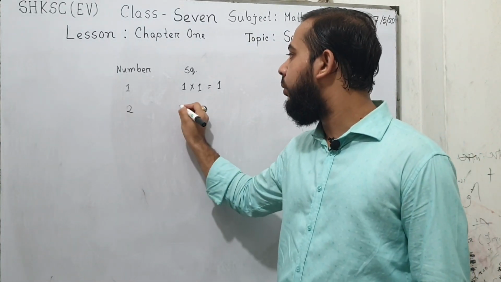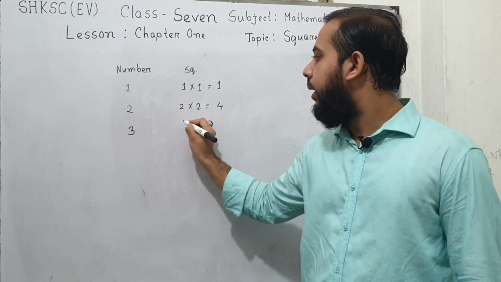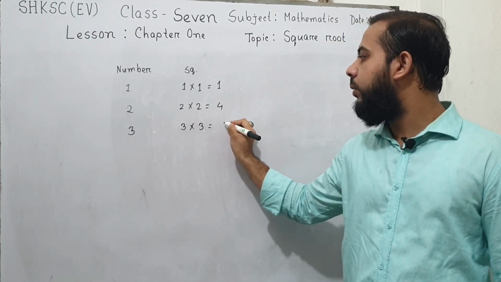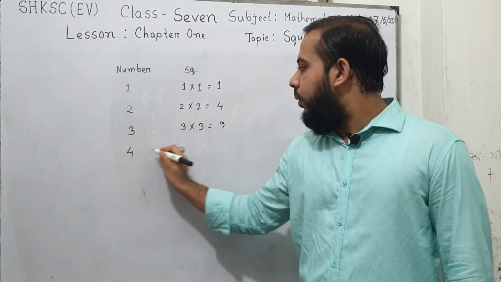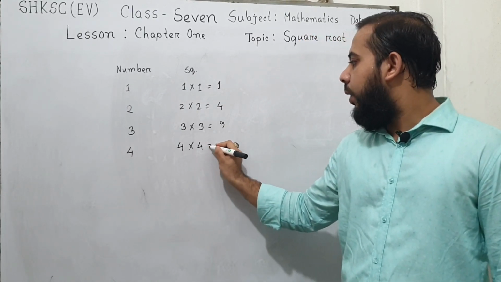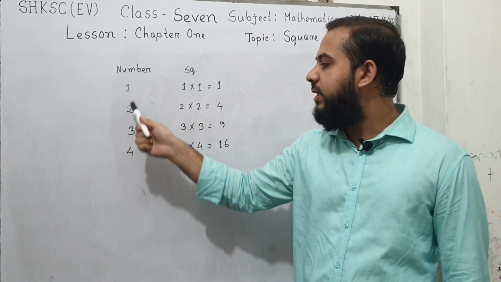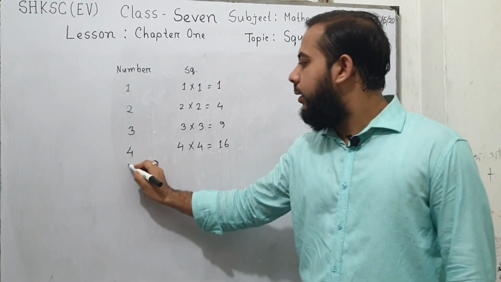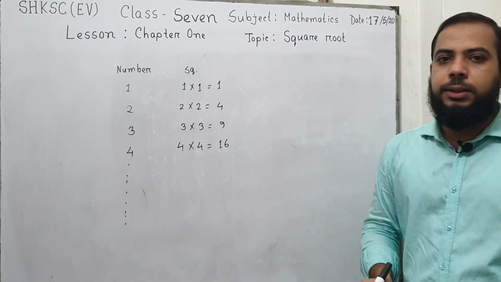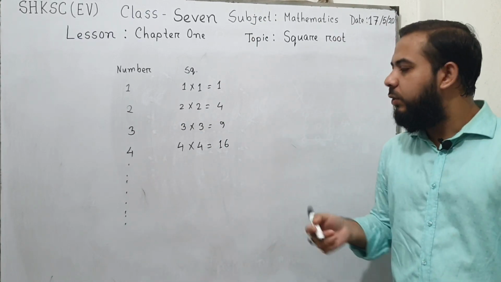If a number is 2, the square is 2 times 2, 4. If a number is 3, then 3 times 3 is equal to 9. Like this, we can find the square of any integer number. And you can see if the number is integer, the square is also integer. Like this, you can find the square of 5, 6, 7, 8, 9, 10, 11, 12.